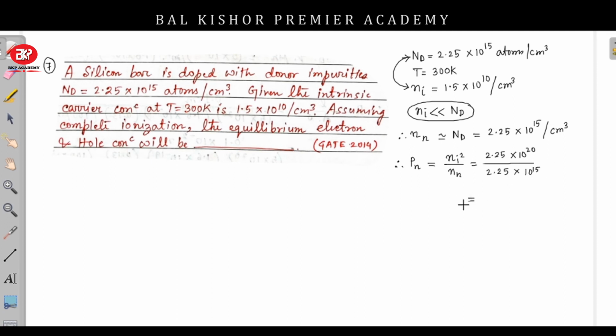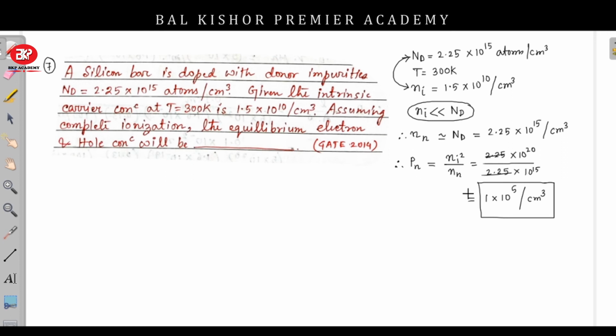Ultimately the 2.25 cancels, and we get 1 into 10 to the power 5 per centimeter cube. This is the hole concentration of the semiconductor. In this way we can calculate. This was a simple problem which came in GATE 2014.